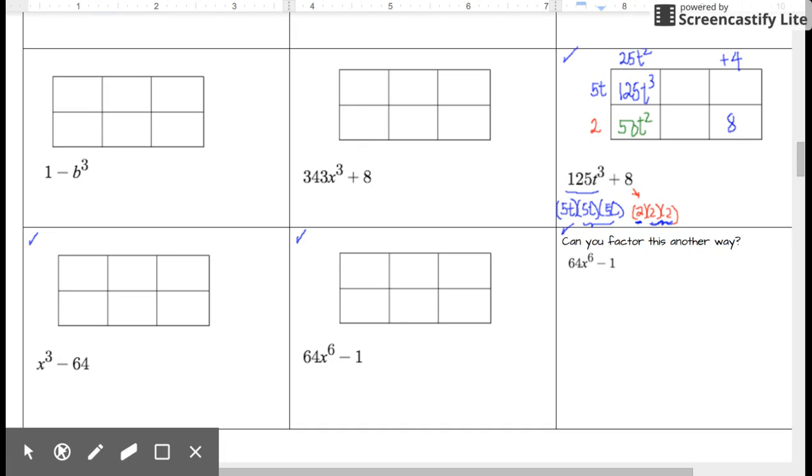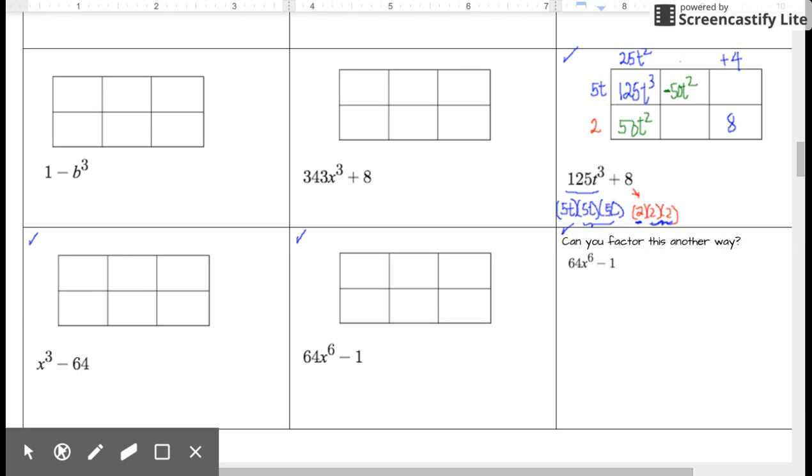And since we want the other terms to be canceled, because we want only 125t cubed plus 8 to be the final answer, then we know that this region here should have negative 50t squared, so that they will cancel each other.